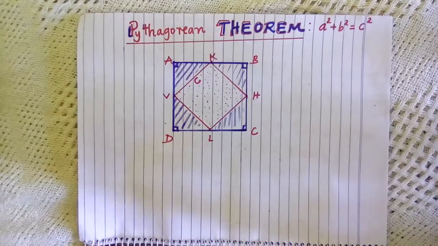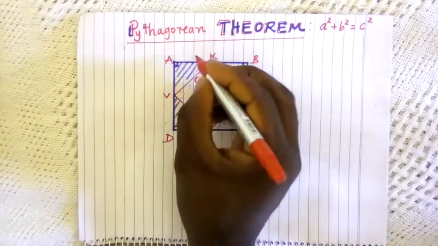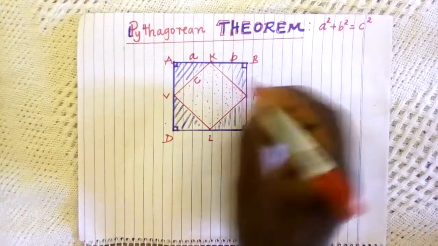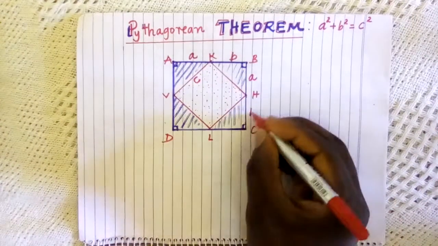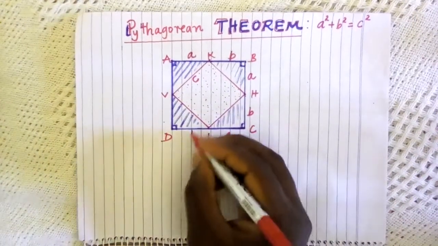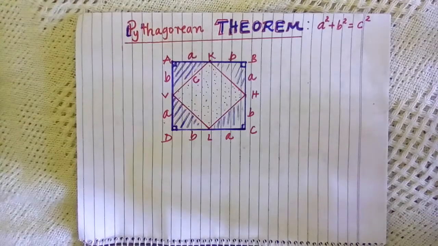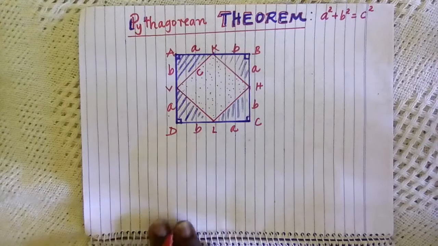And then we name this side, from A to K, A and B, and we follow the same order: A B, A B, A B. So that's clear. Now let's go ahead and find the formula.